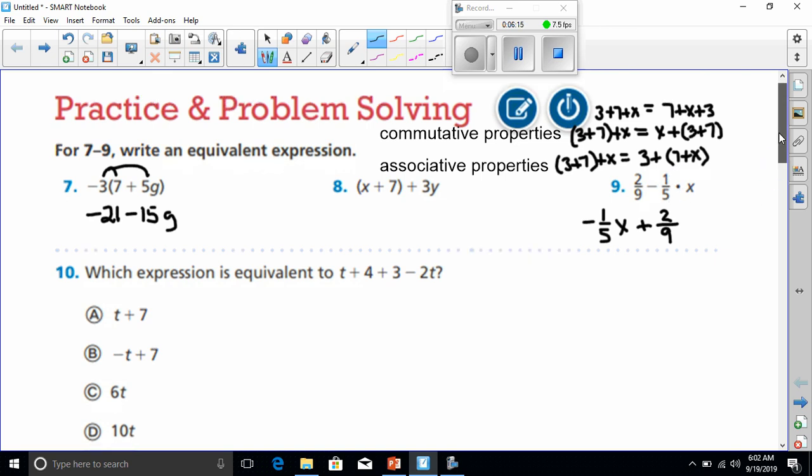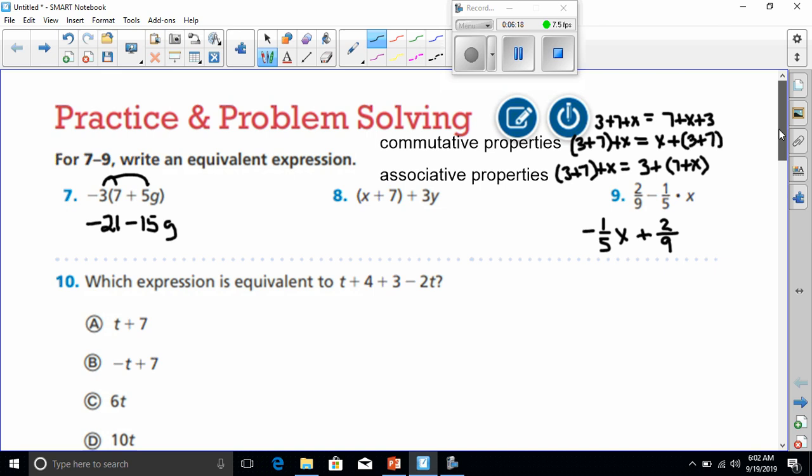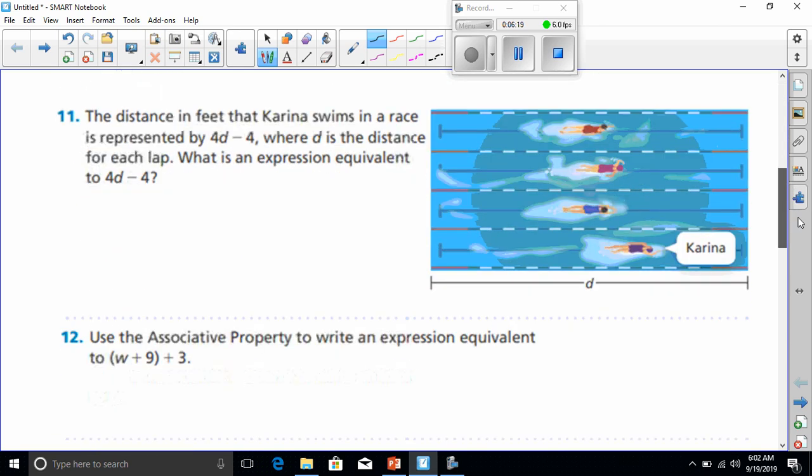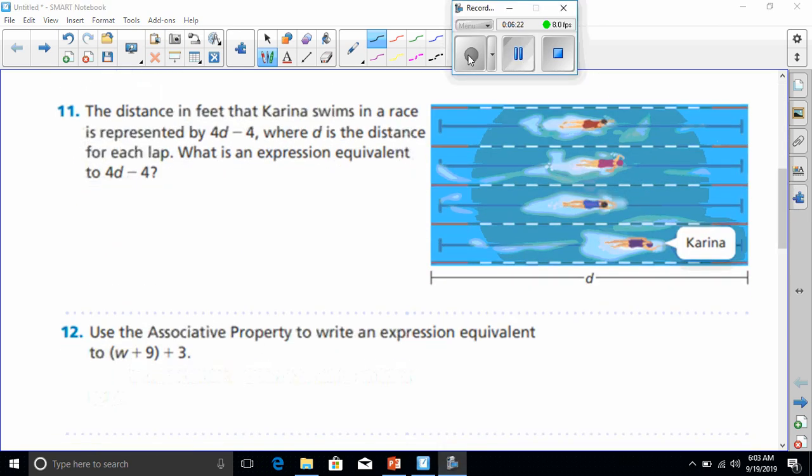All right, so let's move on to number 11. It says the distance in feet that Karina swims in a race is represented by 4d minus 4, where d is the distance for each lap. What is an expression equivalent to 4d minus 4? Well, once again, we can look at this in two different ways.